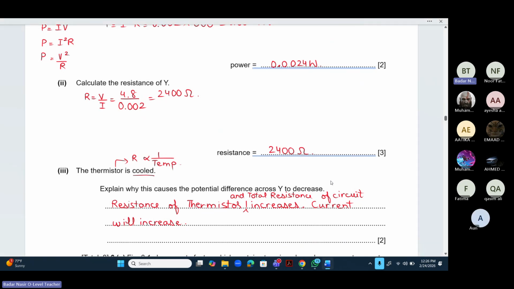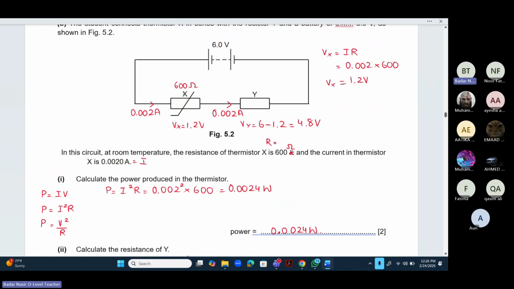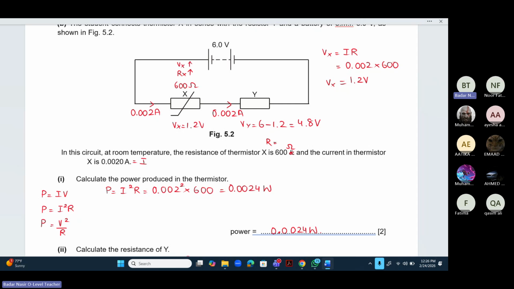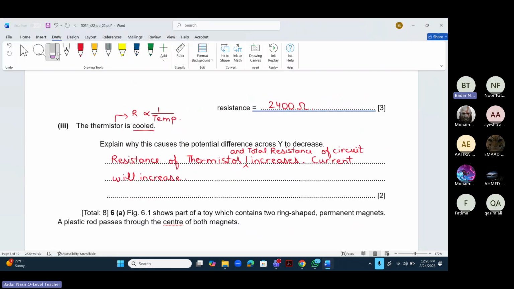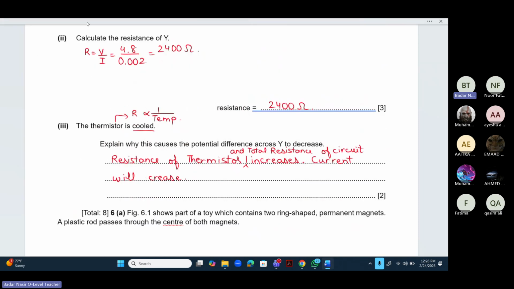So the resistance of the thermistor has increased. अब हमने एक चीज मैंने आपको बताया था कि सीरीज के अंदर अब अगर X की रेजिस्टेंस इंक्रीज होती है तो इसके क्रॉस जो वोल्टेज है वो ज्यादा होगा बिकॉज सीरीज के अंदर. ठीक है. अब देखो करंट डिक्रीज होगा. सॉरी उल्टा लिख दिया यहाँ पे कि करंट विल decrease because the current and resistance they have an inverse relation. So current will decrease.